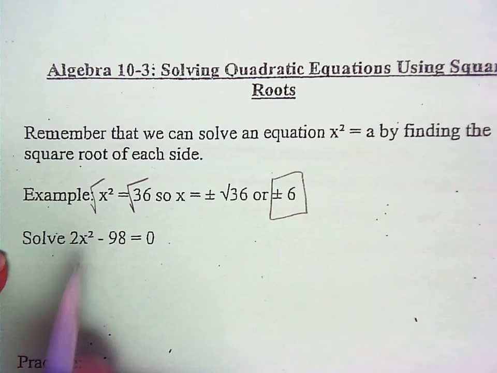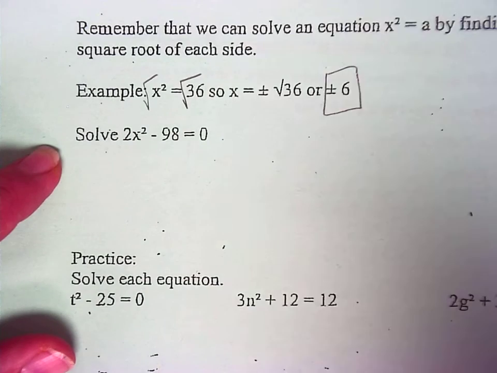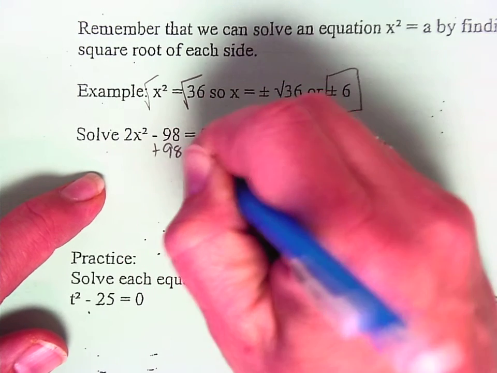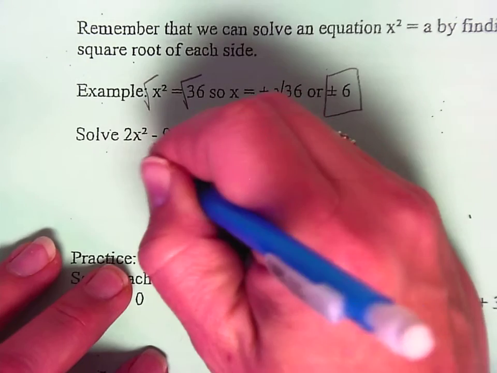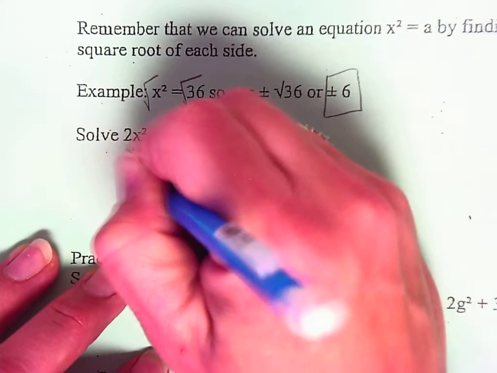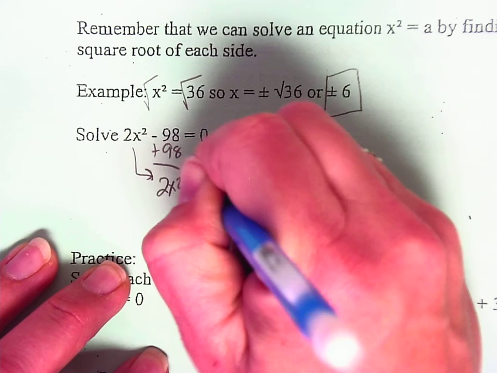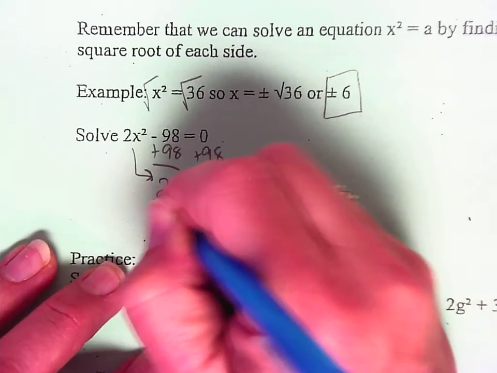Okay, let's try this one right here. We have 2x squared minus 98 equals 0. So let's add 98 to both sides. Bring down our 2x squared. Still not done. Let's divide both sides by 2 so we can get our x squared.